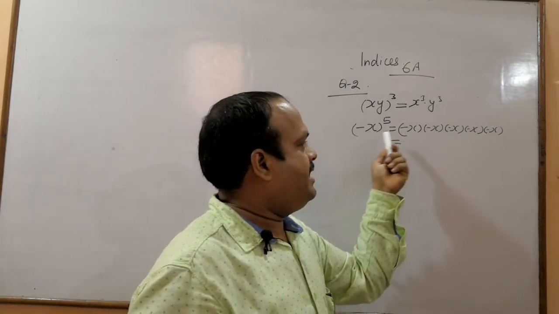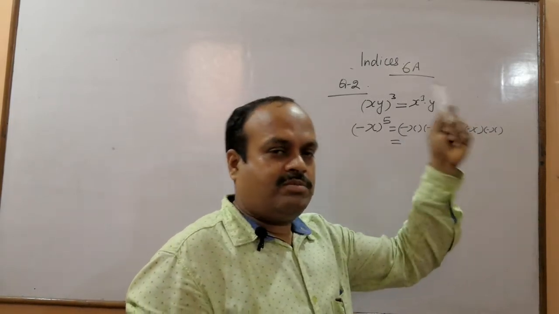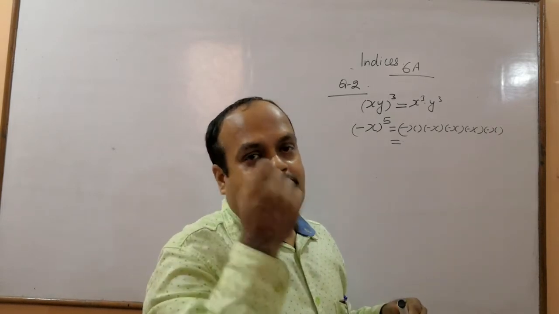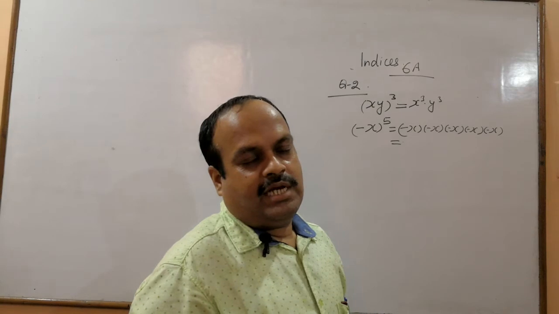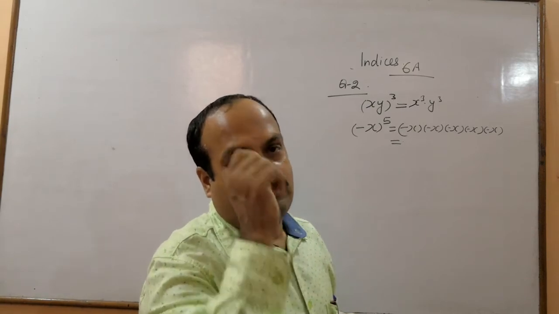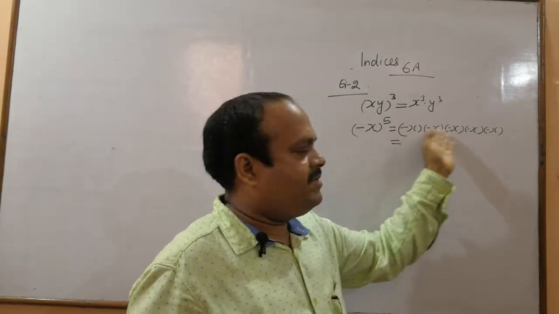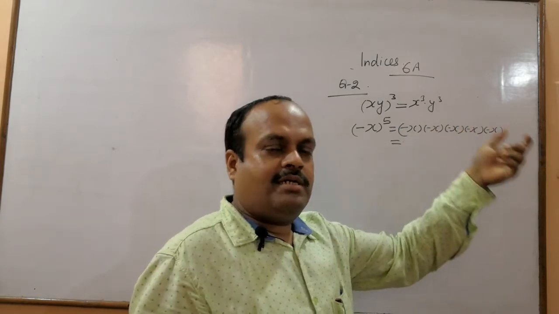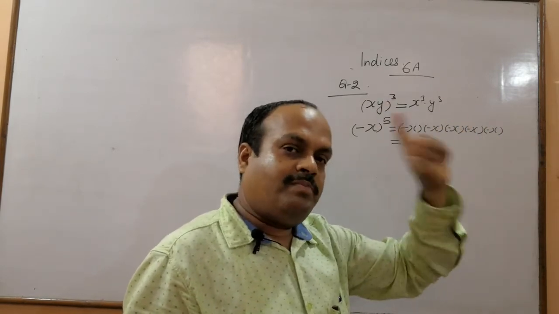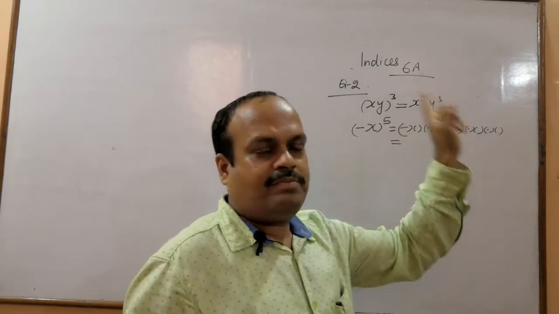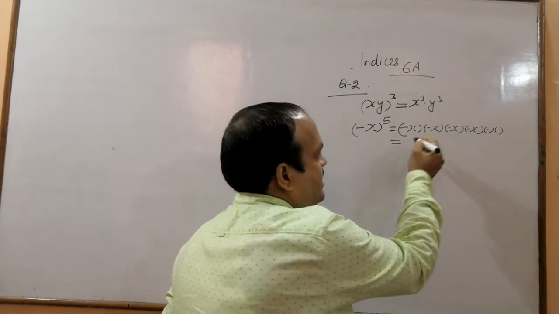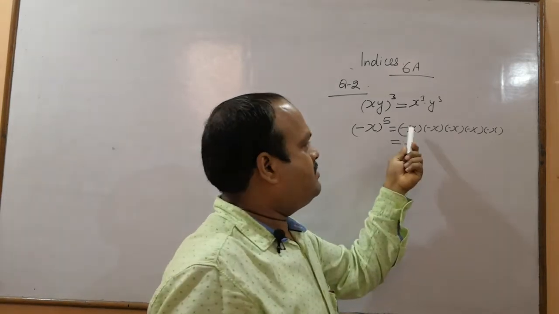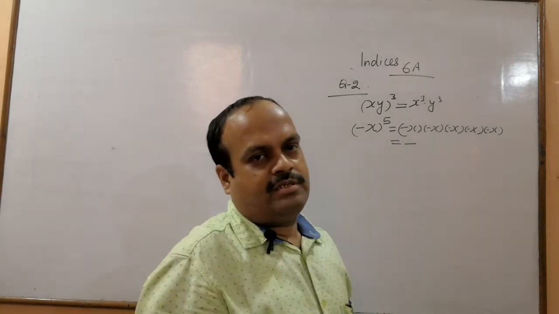If the negative terms are odd in number, we get a negative result. When the number of negative terms is even, the sign of the product will be positive. So here the sign of the product will be negative.